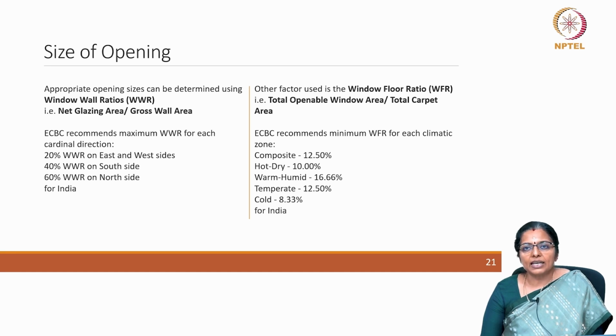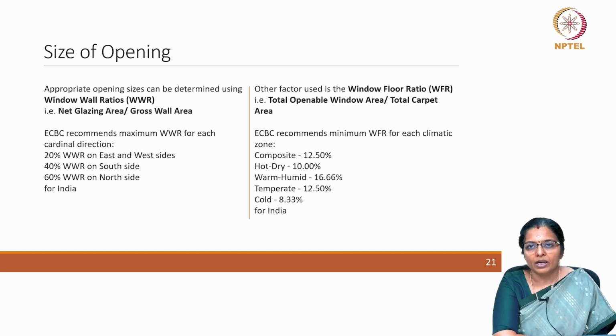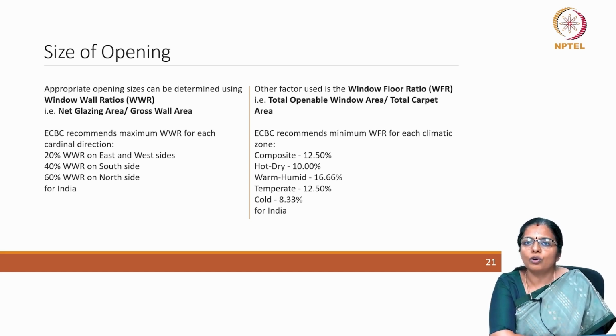For composite climates, it must be 12.5%. For hot dry climates, it can be 10%. For warm humid climate, it can be 16.66%. For temperate climates, it can be 12.5%, and for cold climates, it can be 8.33% for India.